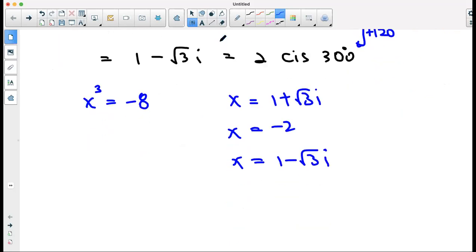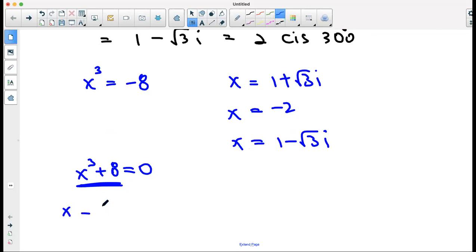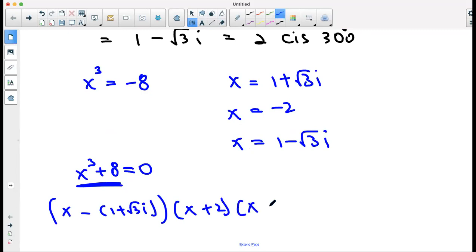So in fact, in this case, I can rewrite this one into x cubed plus 8 equal to 0, and I can rewrite this one into, using these three roots, x minus 1 plus radical 3i, and then x plus 2 coming from the second one, right? And then x minus 1 minus radical 3i equal to 0. And this is called linear factorization.